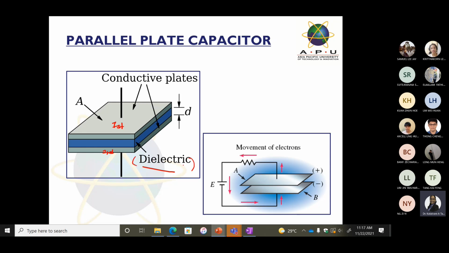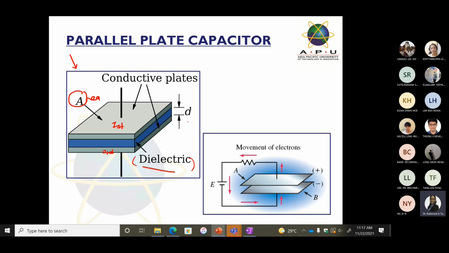At the same time, when you see this figure, just have a look at the figure here. They specify A and also D. A means the area, so the area of the plate is what we need to know.